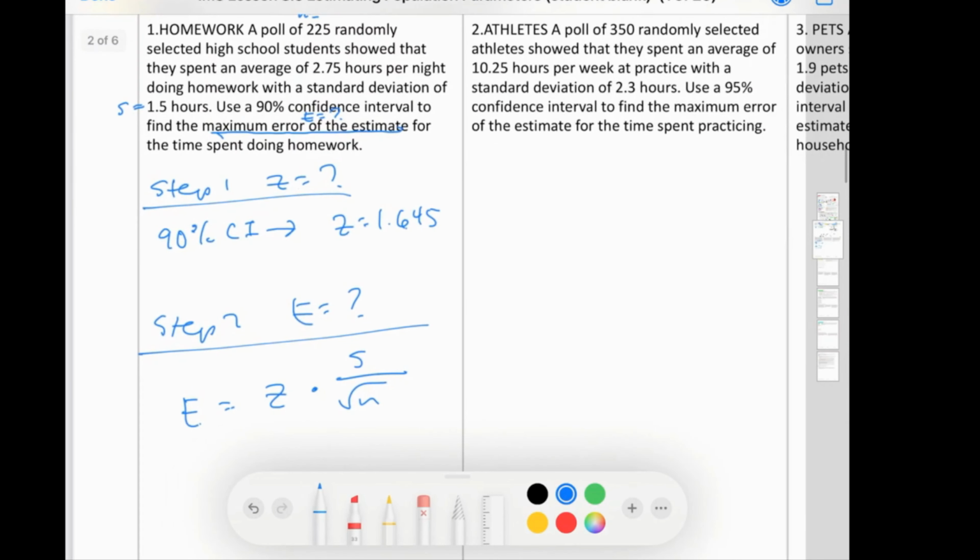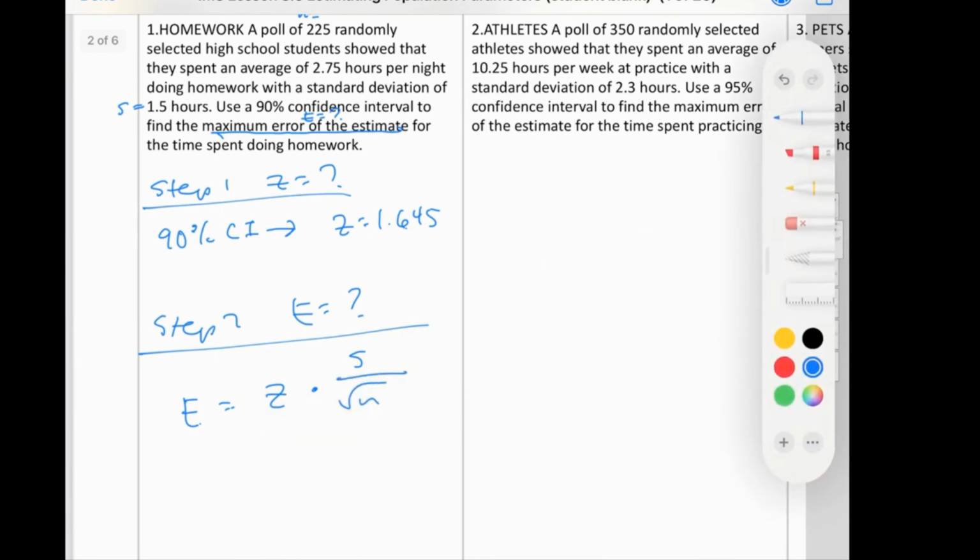So let's just go ahead and, some people say plug and chug, well, it's really substitute and evaluate. So our E value is equal to, my z-score was here, let's write that in, 1.645 times our S value.